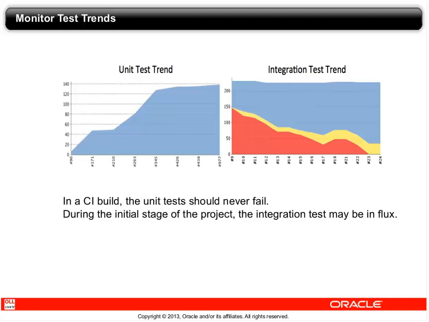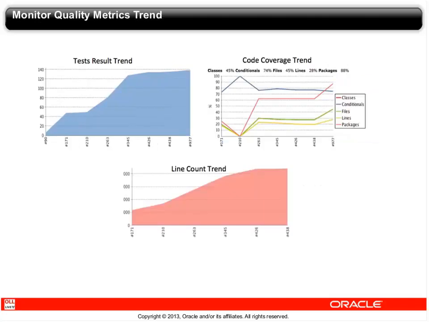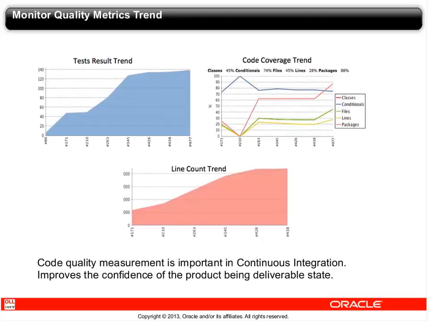Hudson gives a very good way of monitoring the deliverable of your product. As I mentioned, you can use the code coverage tools to find out how much of the code is being covered by tests, and you can also see the line count, which is increasing over the year. There are tools and plugins to monitor all those things.